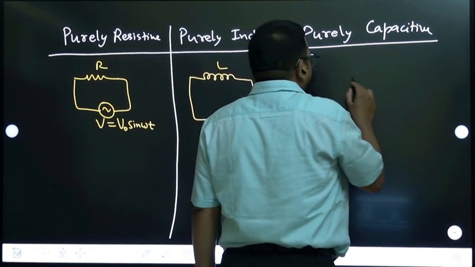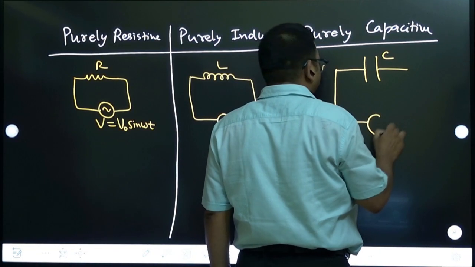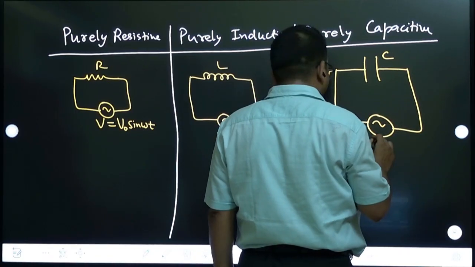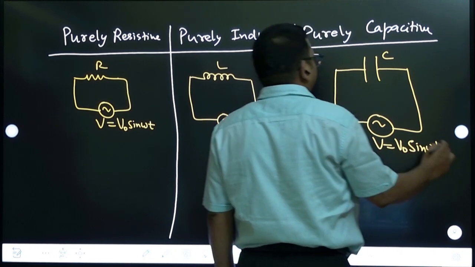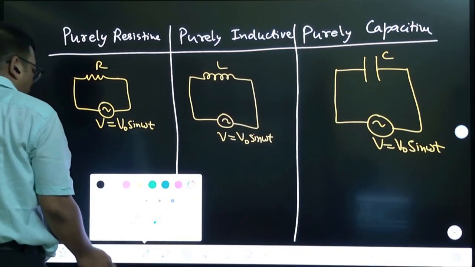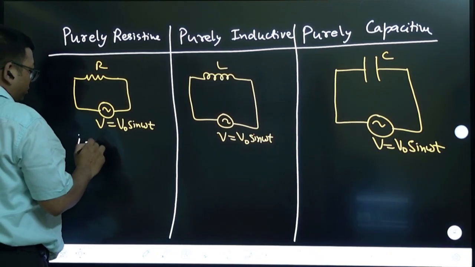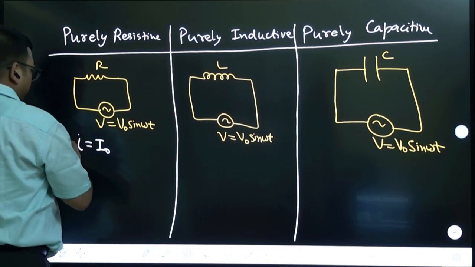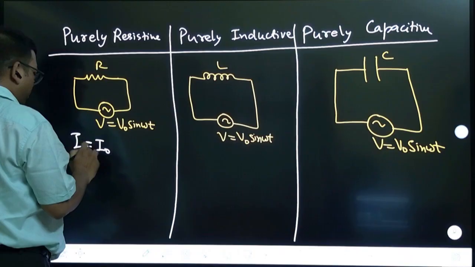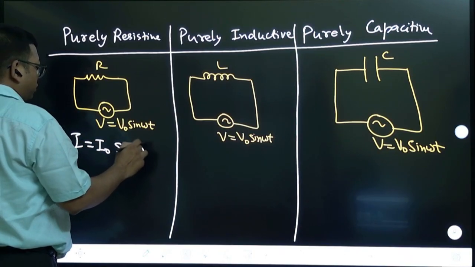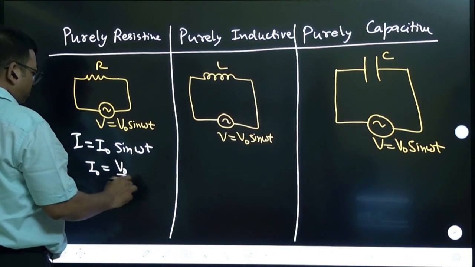There is a capacitor C connected with AC voltage V equal to V naught sine omega t. We have solved the equation for current. Current I is equal to I naught sine omega t, where I naught is V naught by R.